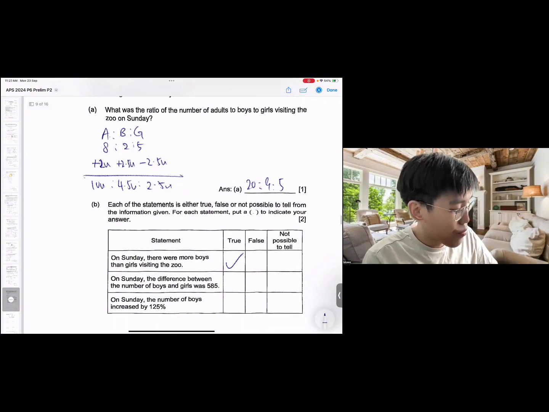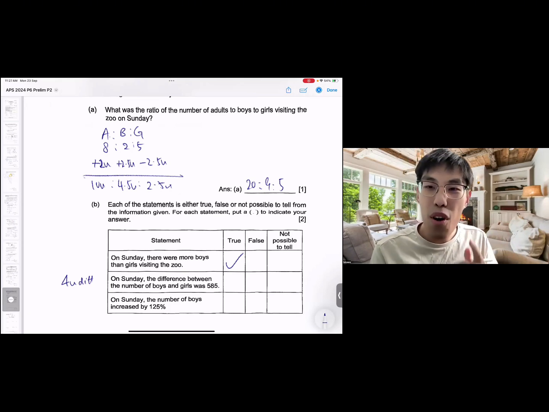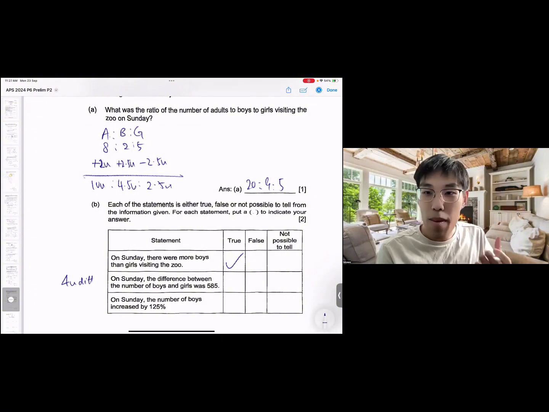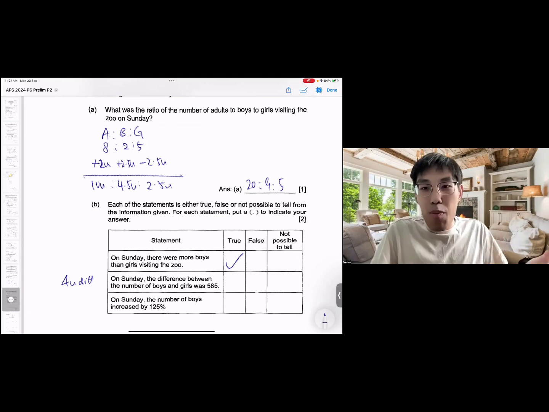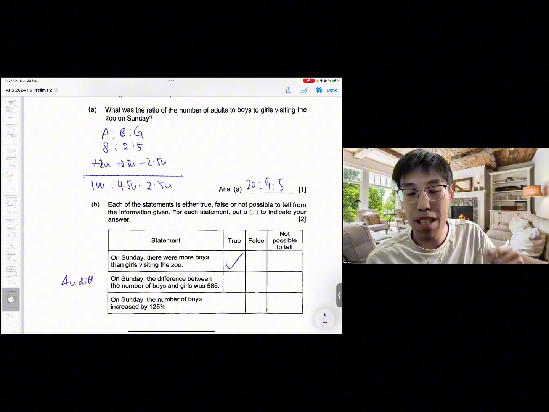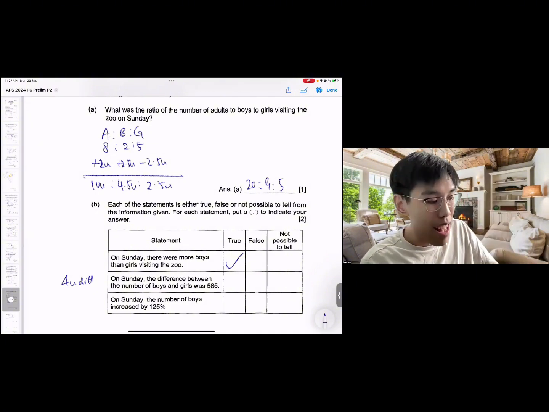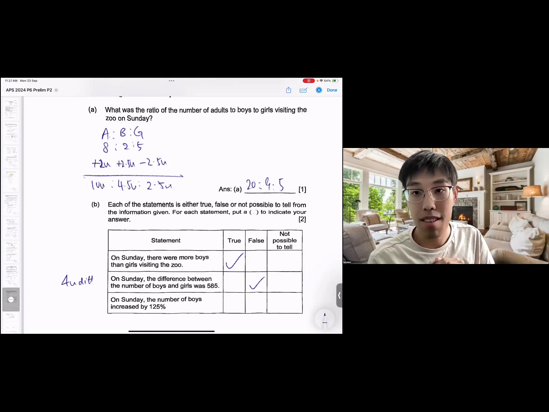Now, if it's 4 units difference, can the difference be an odd number? Cannot. Why? Because I cannot take one person and chop it into half, right? So the difference between the boys and girls must be an even number. I don't know what the even number is, but I know it's definitely not 585, because 585 is odd.